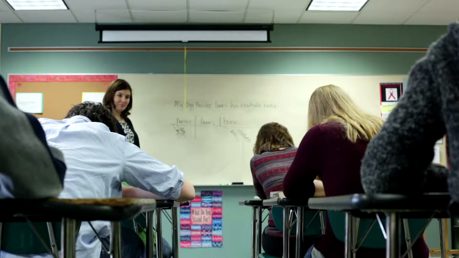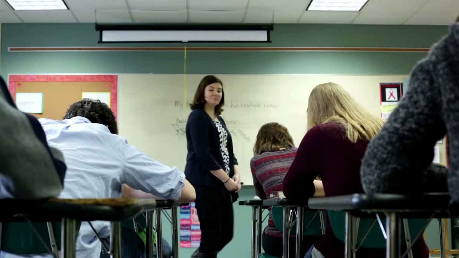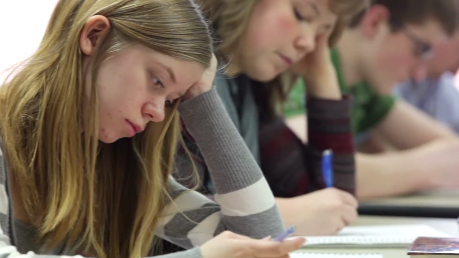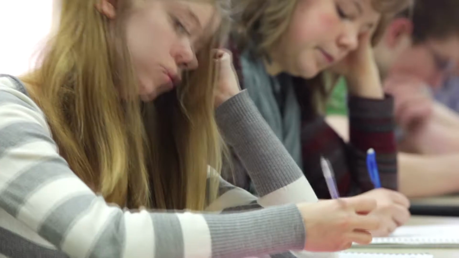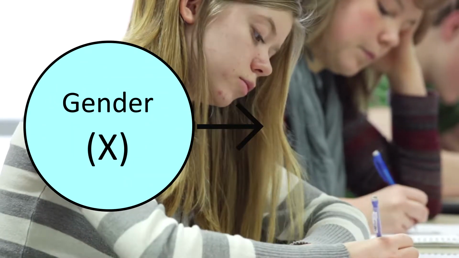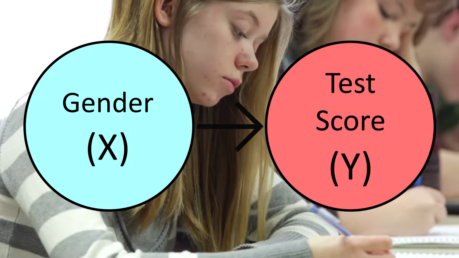To get the hang of this, let's go back to some examples and determine which of the role types represents each research question. If we want to explore whether the outcome of the study, the test score, is affected by the test taker's gender, we would designate gender as the explanatory variable and test score as the response variable.